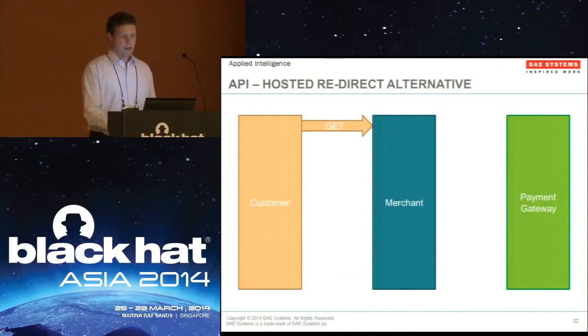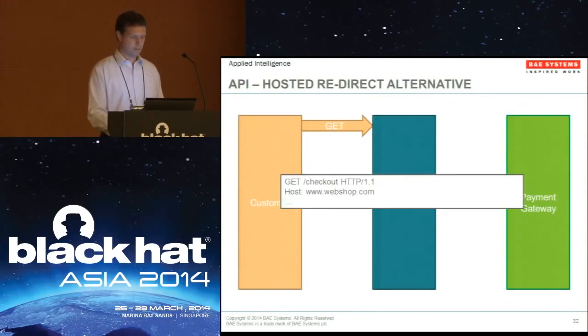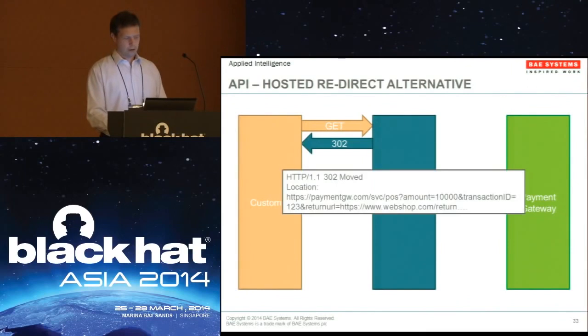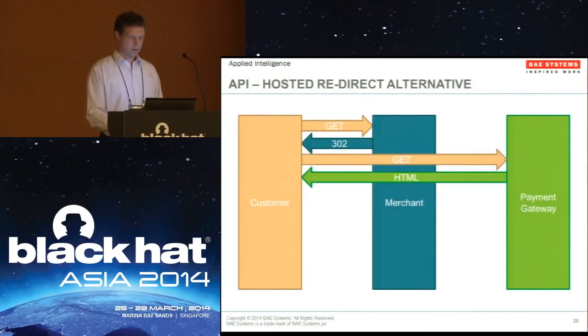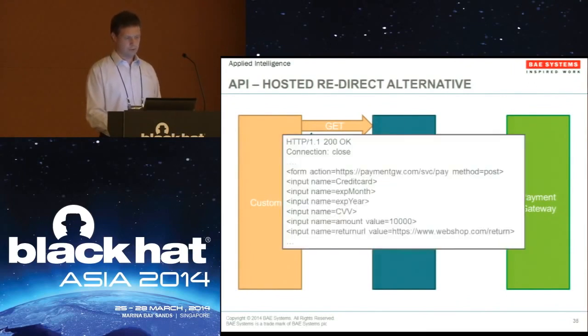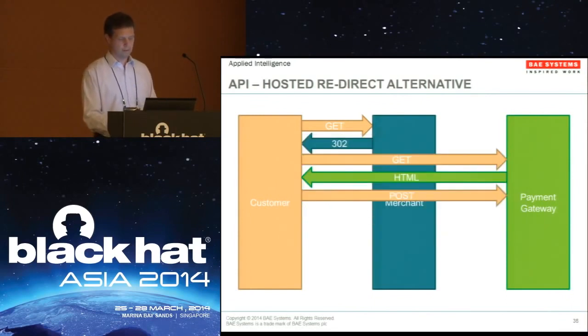There's also an alternative which some people believe offers more security, which is essentially the same thing. So you go to the checkout page, redirect back to the merchant, the gateway sends you a form, and you post credit card details directly to the payment gateway.